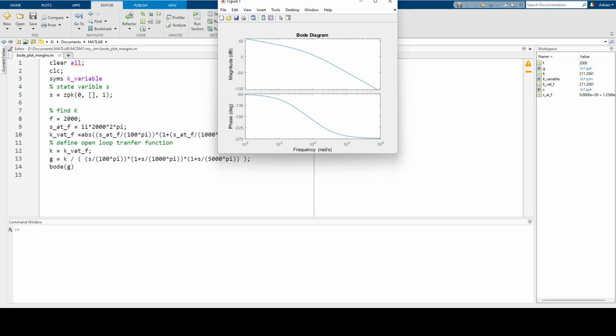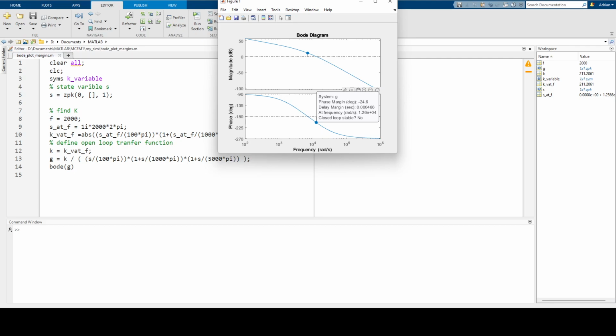It's taking a while. Okay, now here we have our Bode plot, and if we right click and show characteristics and show minimum stability margins, it's going to show us all the stability margins.